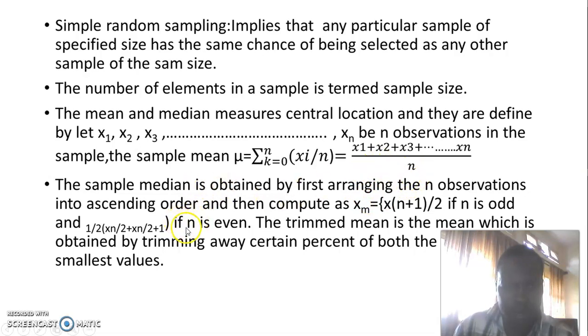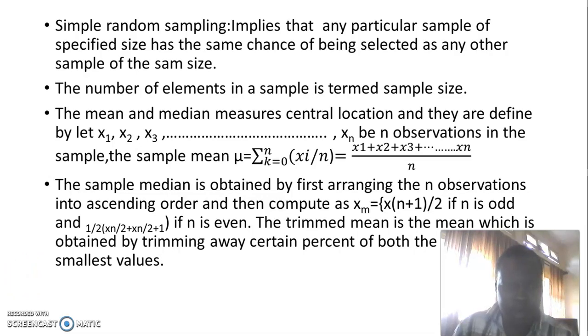Whereas if the number of observations is even, then our median is going to be the average of the value at the position whose number is the total number of observations divided by 2, plus the value of the next observation.